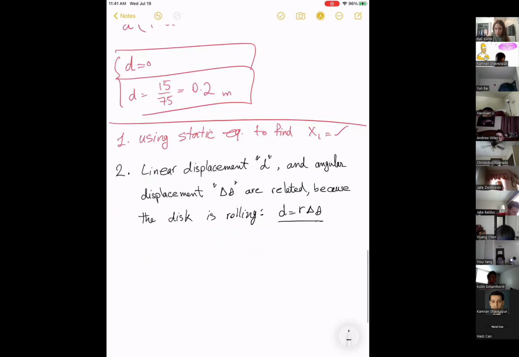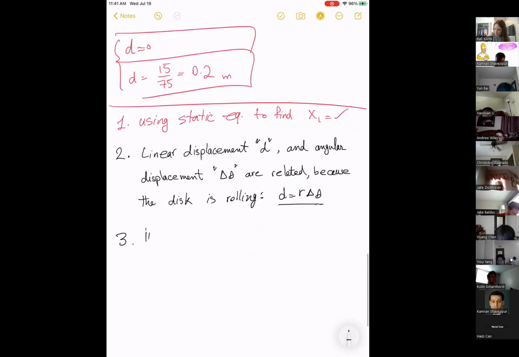So the other one was initial at rest and final point temporary stops.